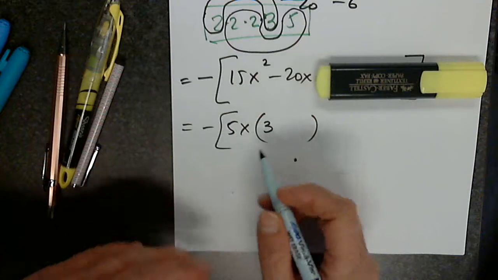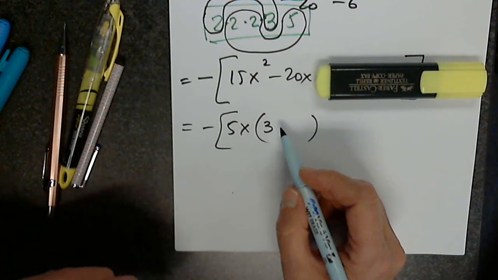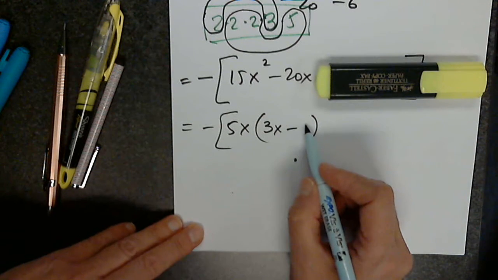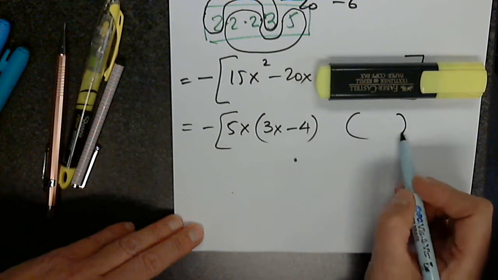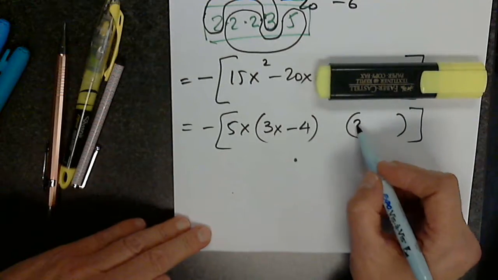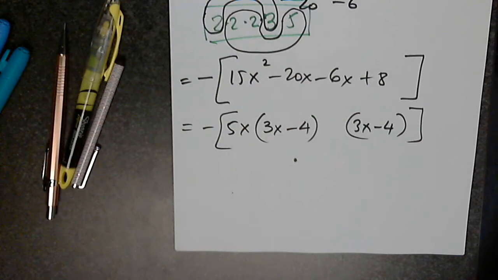I have to use brackets because I also use parentheses inside. 3x minus 4. What do I have to have from the other two? I don't even look, 3x minus 4. Now I look. I need sign and factor.